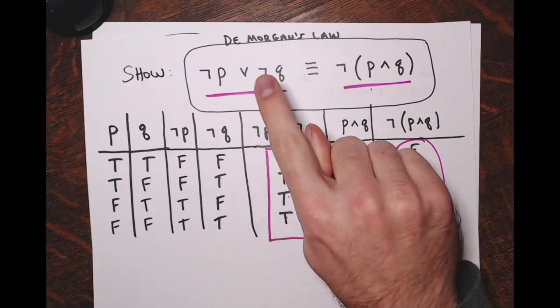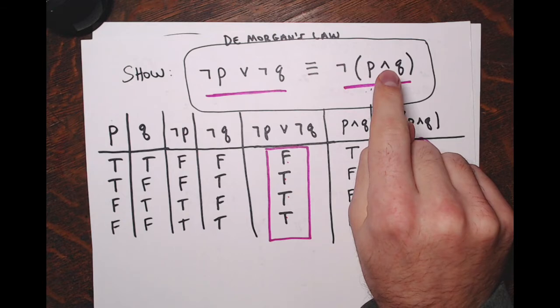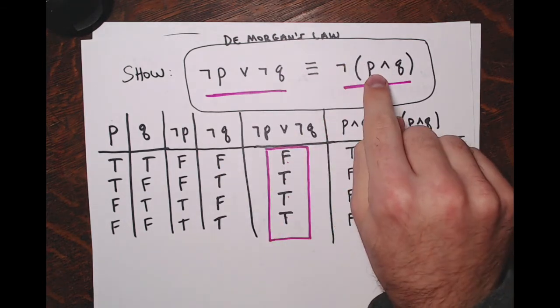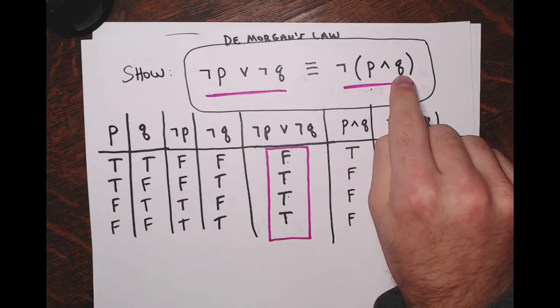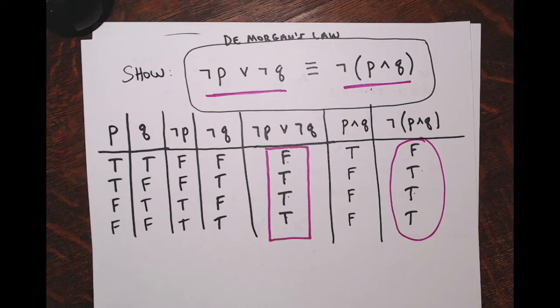You see you get not P, not Q, and then flip the and to be an or. So not the quantity P and Q is not P or, flip it, not Q. They're equivalent, as you saw here.